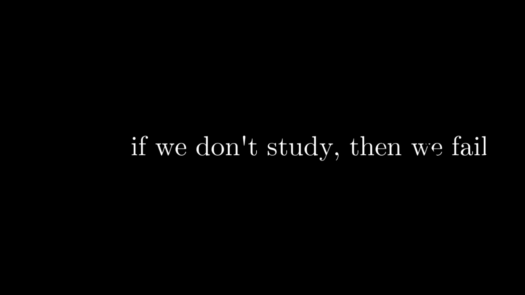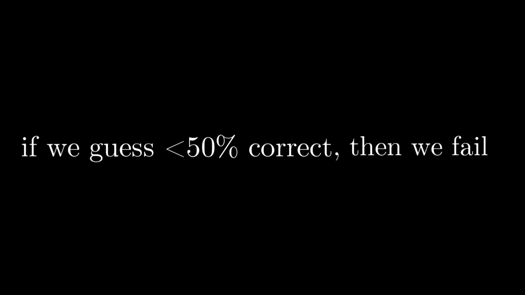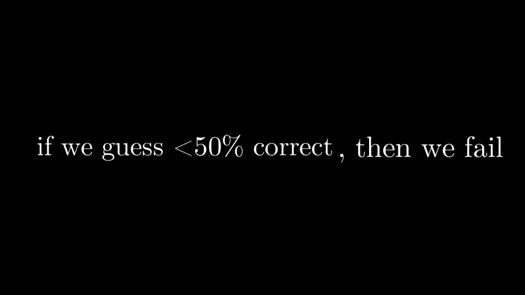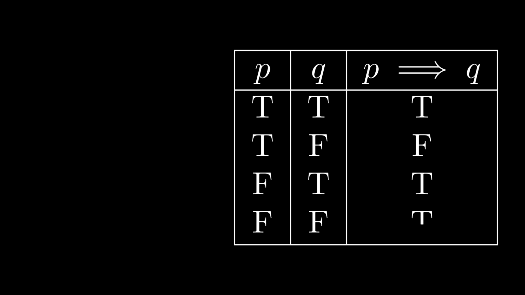This time, we'll replace we don't study by we randomly guess less than half the answers correct, so that the statement reads as, if we randomly guess less than half the answers correct, then we fail, which, just like before, is definitely a true statement and is probably even easier to imagine. Hence, we say the statement is true.